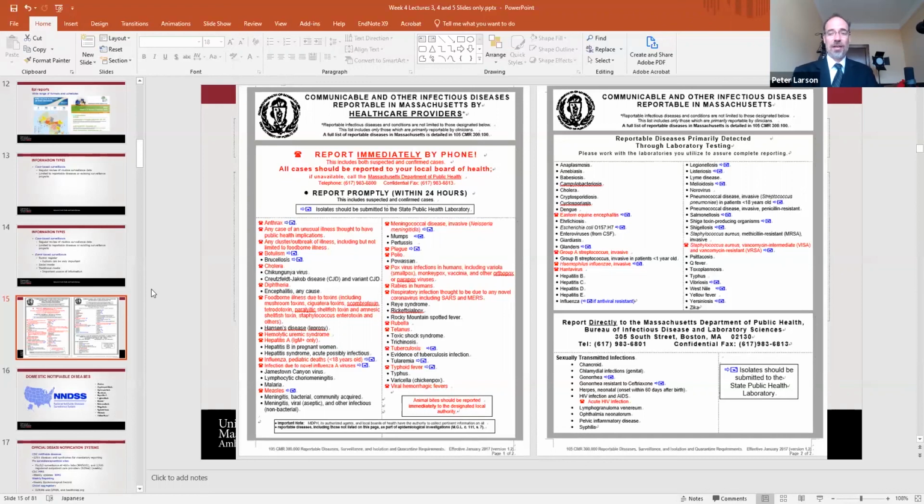I think this issue of ethics and surveillance is incredibly important. Protecting patient privacy and identity while protecting public health is a difficult balance to make. In the case of an HIV infection, for example, where contact tracing has to be done, names and phone numbers obviously have to be reported.